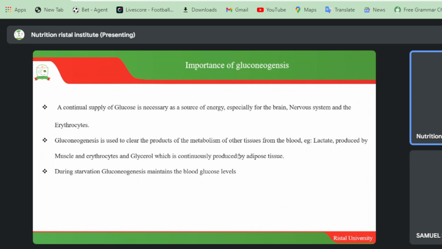All these can be provided for from this process called gluconeogenesis. And gluconeogenesis is used to clear the products of metabolism of other tissues from the blood. Example, lactate. During anaerobic respiration, if you form lactate, what else do you do with it? Your body can't use it, and lactate also has a tendency of causing muscle cramps. That's one of the effects.